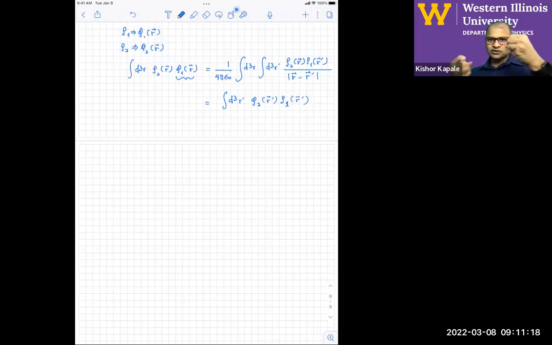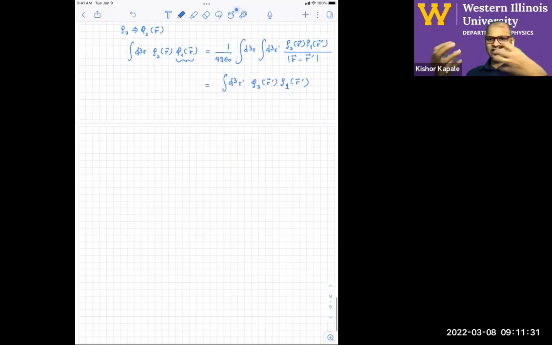So you could think of these two charge distributions and their total electrostatic energy as rho 1 in the field created by rho 2, or rho 2 in the field created by rho 1. Does that make sense? Everybody with me? Okay, so there is this reciprocity relation that exists, right?